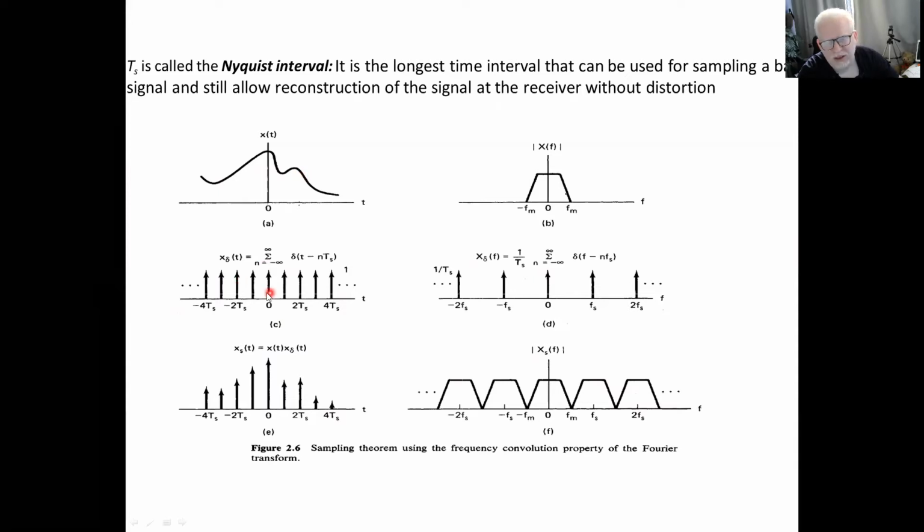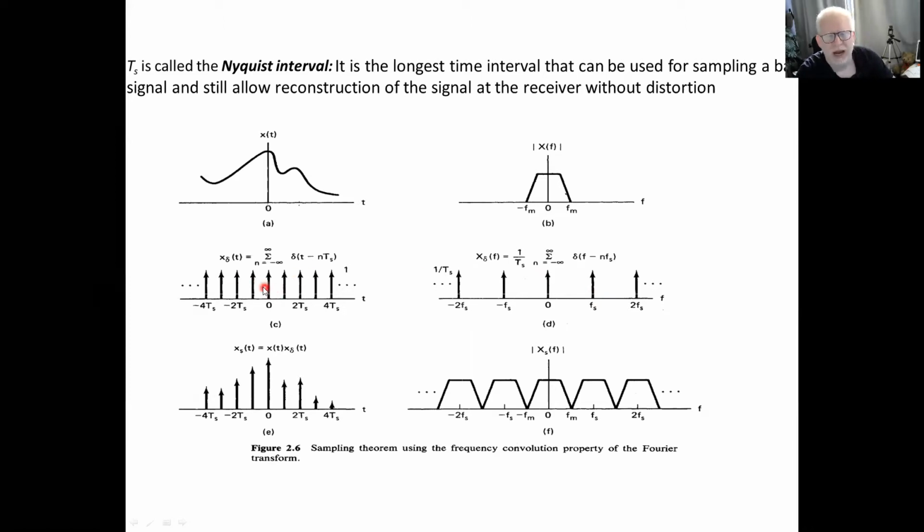We define the time interval between each 2 delta Dirac functions as the sampling time, or Ts. And fortunately, the Fourier transform of this train of impulses is also a train of impulses, but with different spacing. Now the spacing here is called Fs, or the sampling frequency. The sampling frequency is actually the reciprocal of the sampling time.